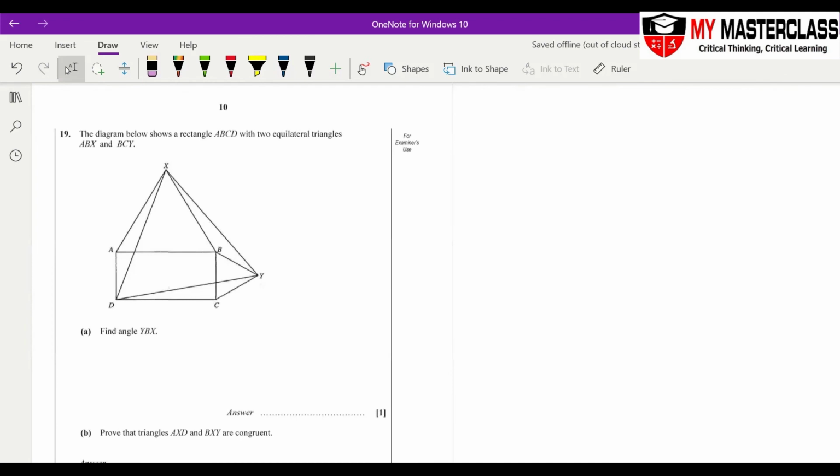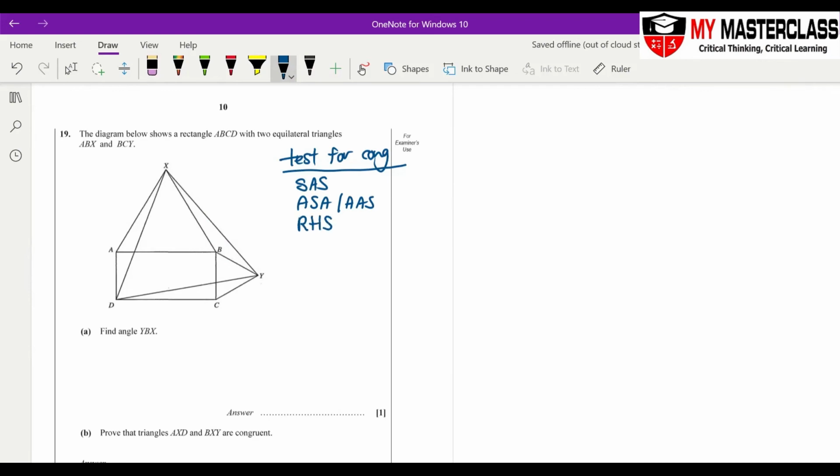Write down on the right side here, test for congruency. Most common, SAS. Second most common, ASA or AAS or SAA, doesn't matter, two angles and one side. Third one, RHS.